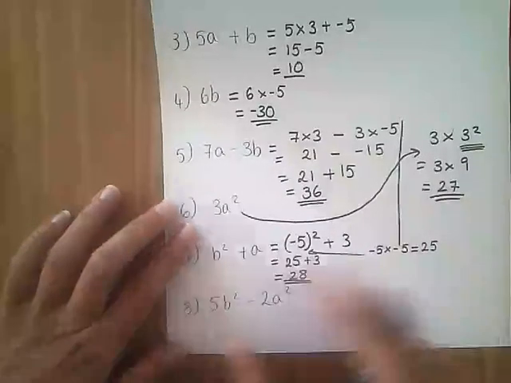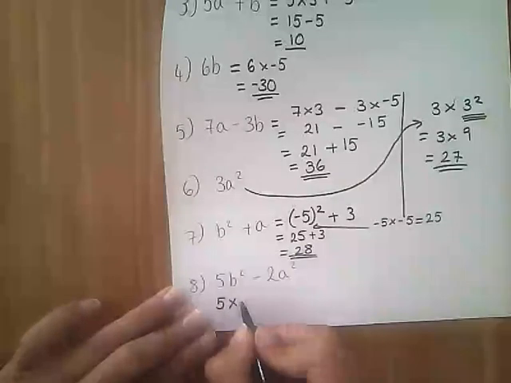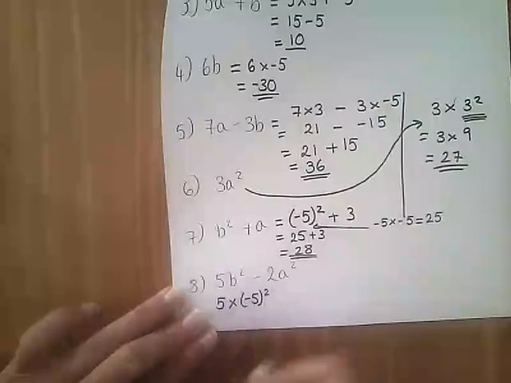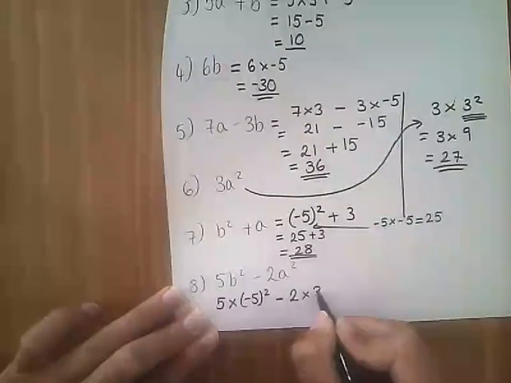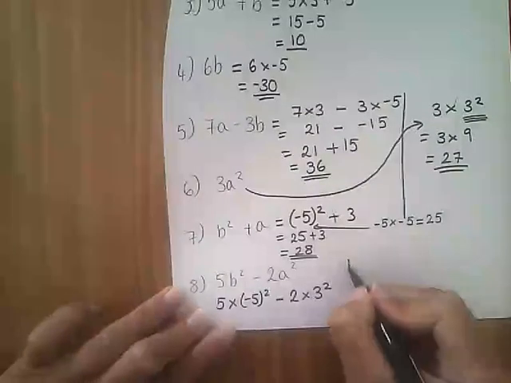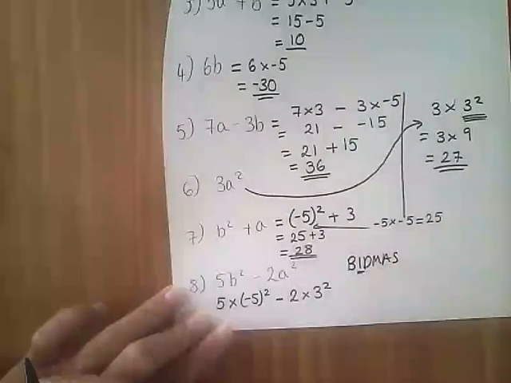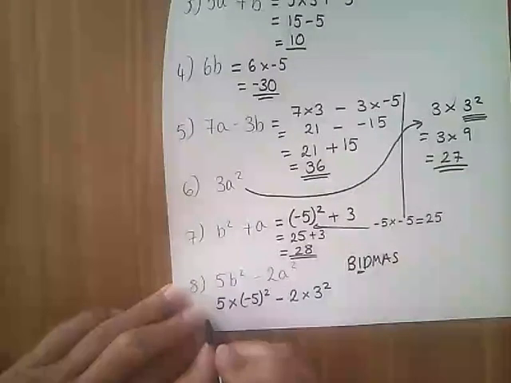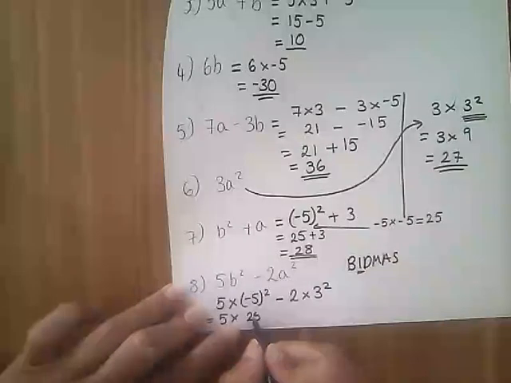Right, the last one, the humdinger. We've got 5 times minus 5, because that's what b is, squared, minus 2 times a, which is 3 squared. You've got to use BIDMAS. BIDMAS, there's no brackets, but there are indices, so indices come next. Okay, so that becomes 5 times minus 5 times minus 5 is 25.